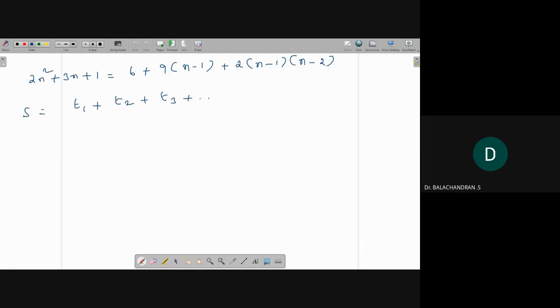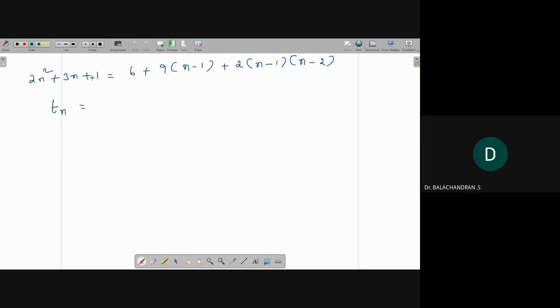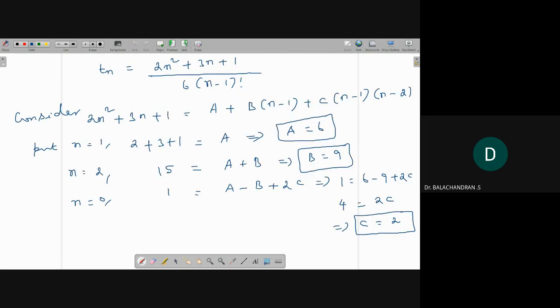The numerator is 2n square plus 3n plus 1, so instead I will write 6 plus 9 into n minus 1 plus 2 into n minus 1 into n minus 2, divided by 6 into n minus 1 factorial.